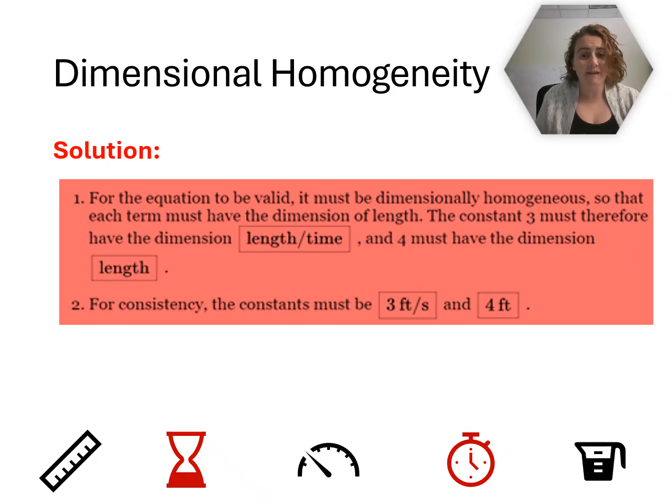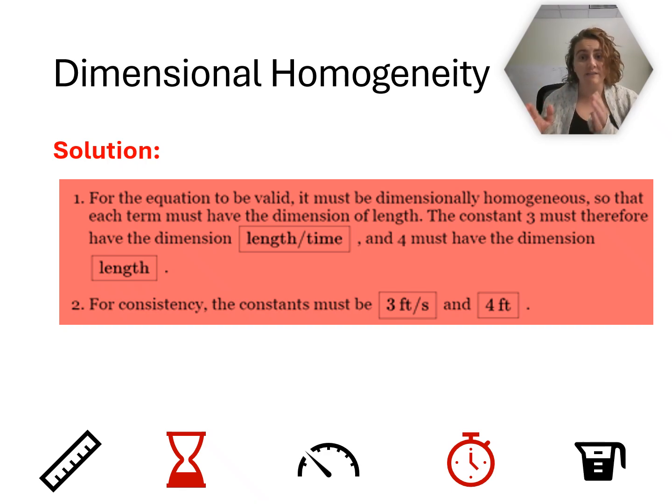That means that if 3 is multiplied by time, and time is in terms of seconds, then 3 has to have units of length per time, because length per time times time gives you a length, which is what is equal to D. And that also means that 4 needs to have units of length as well in order to be able to add it to 3t.